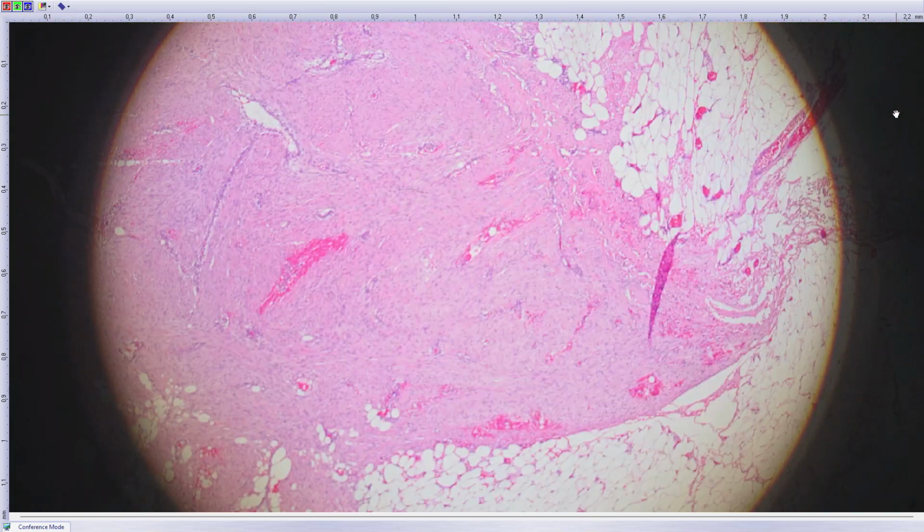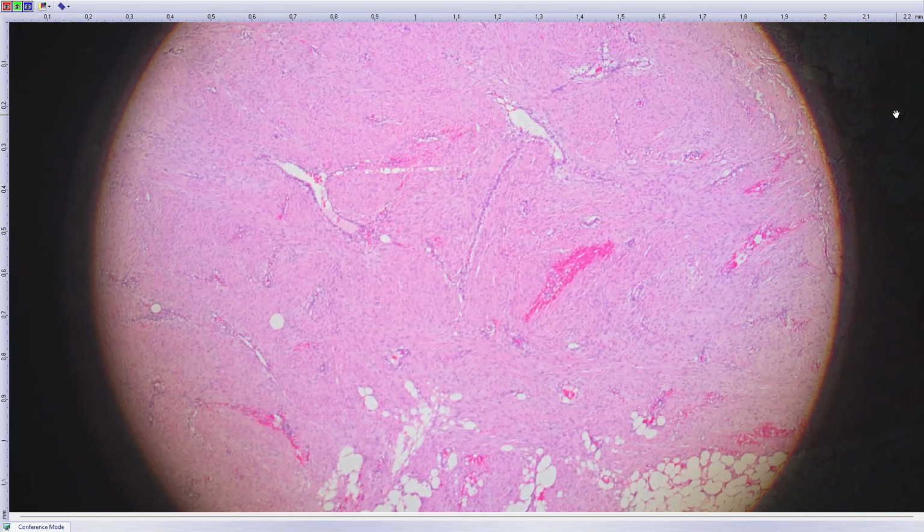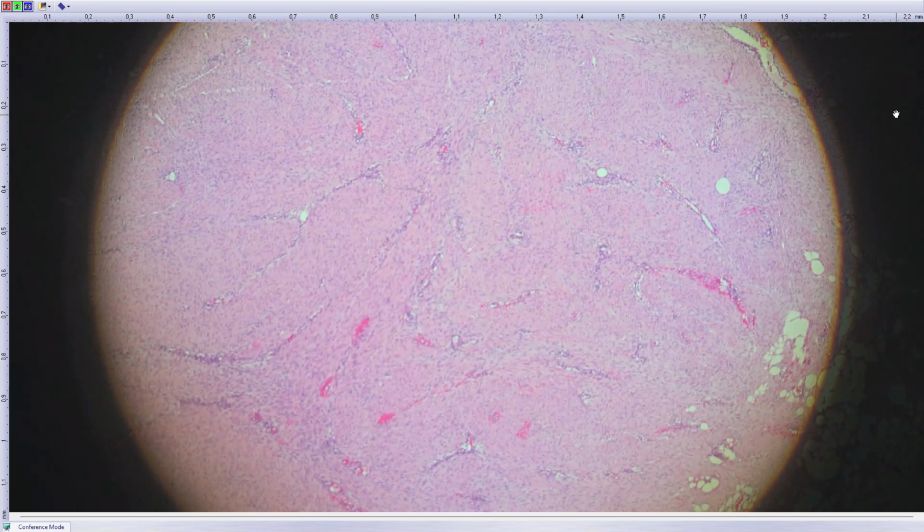The next case is a soft tissue lesion in the abdominal wall. It's, let's say, a middle-aged female patient, and the sex is quite important because these lesions are more common in females compared to males.